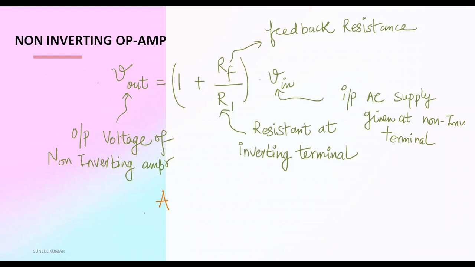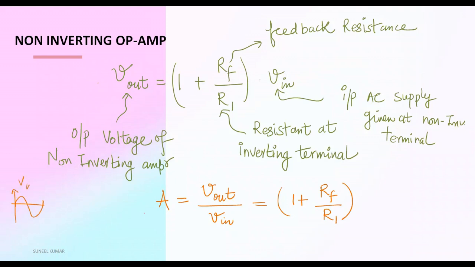Similarly, we can also write the expression for gain. Gain A is equal to V output divided by V input. So this will become 1 plus RF divided by R1. And we remember, this represents that there is no phase shift. If this is the input, we will get this kind of output.